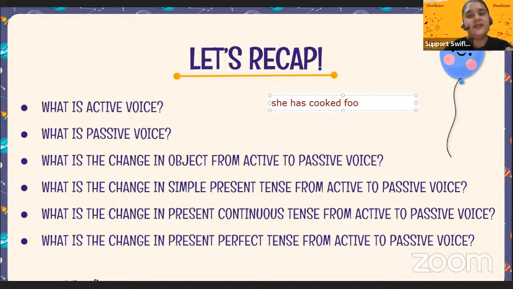Okay. So here, which one is the subject? She is the subject. So what are we using? Has. And we are using verb third form, that is cooked food. Now when we have to change it into passive voice, how will you change it? Think about it.